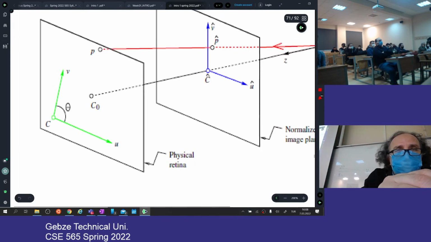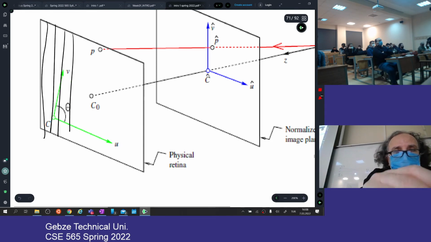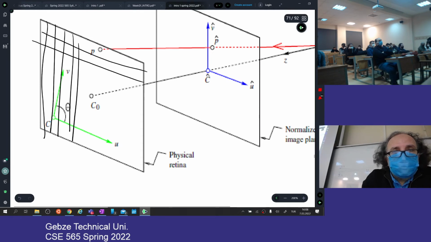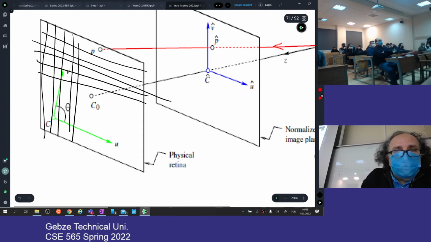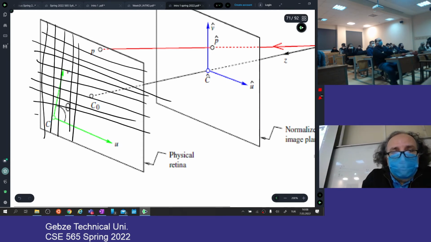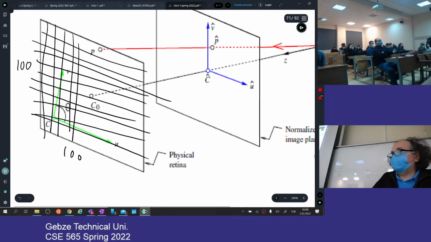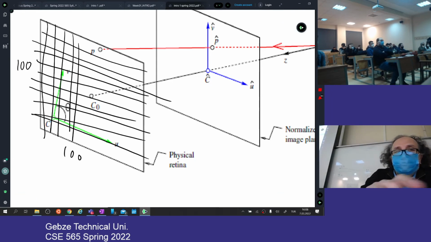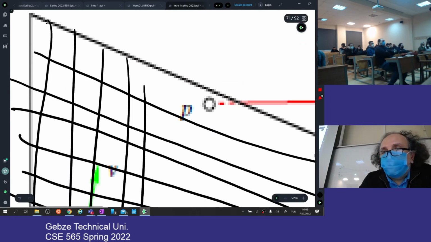For example, how many columns and how many rows you have is an issue. Let's say I have 100 rows and 100 columns, this is going to produce a 100 by 100 image. So this width is important. How wide is my pixel and how high is this pixel?